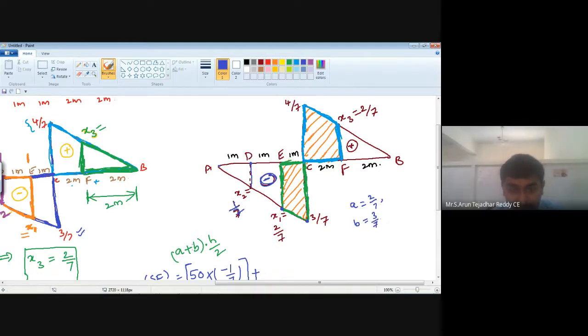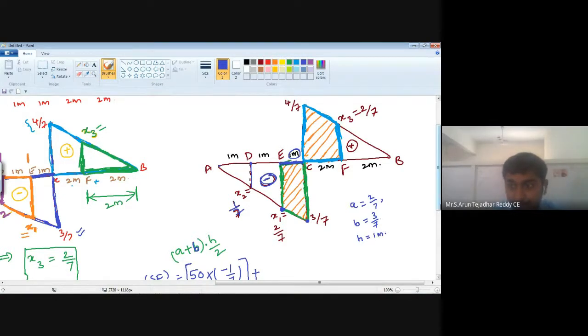In this trapezoid we have two ordinates. Here one ordinate A is 2 by 7, the second ordinate B is 3 by 7. Now what about H? H is this distance, that is 1 meter, where H is equal to 1 meter.